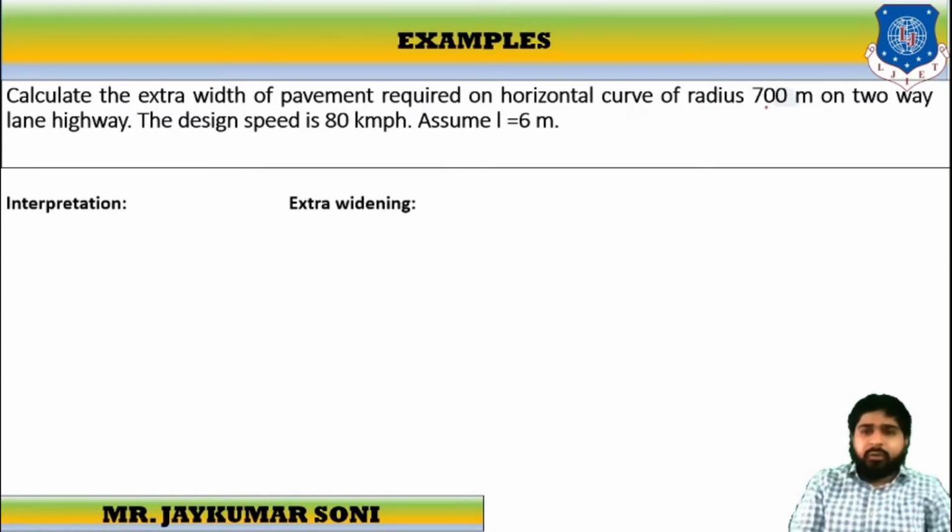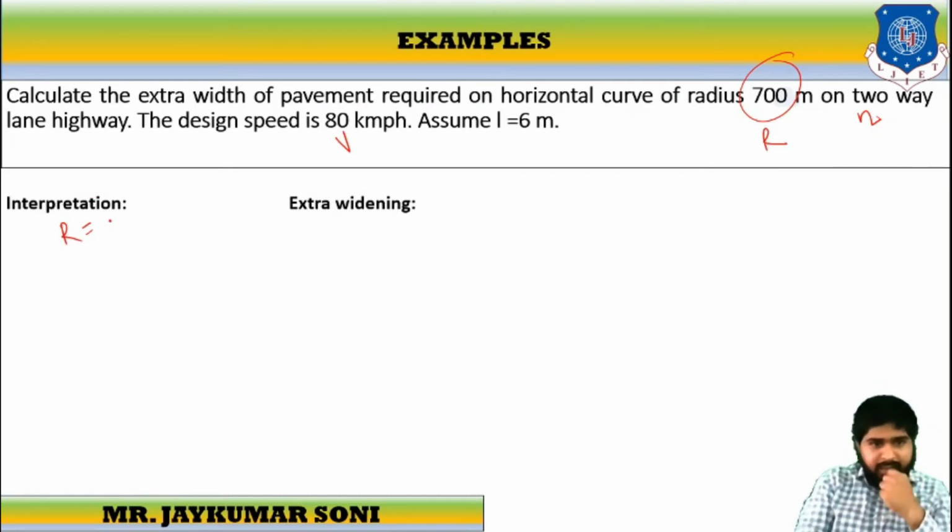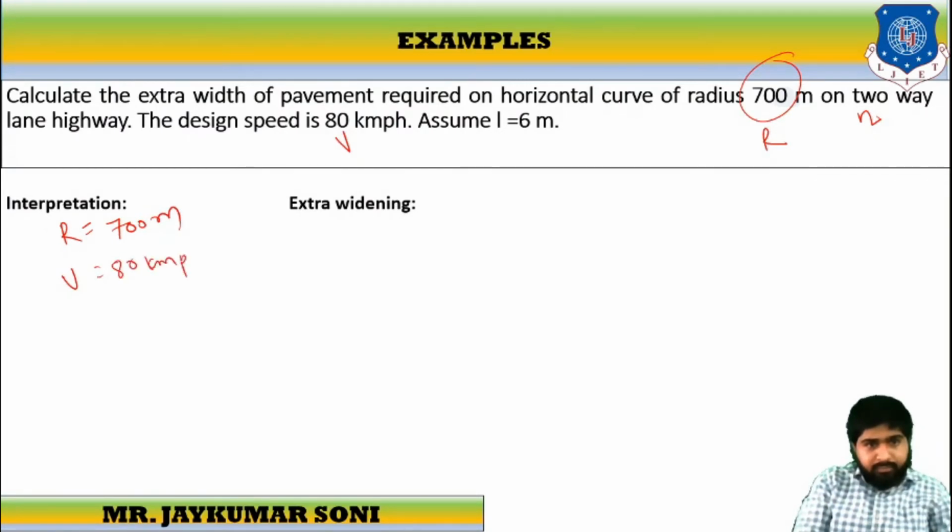It is very easy to calculate because the radius is given over here: R is 700, N is 2 as it is a 2 lane highway, design speed V is 80, L is 6. So we will write the values over here. R is 700 meters, V is 80 kmph, L is 6 meters, and N is 2.